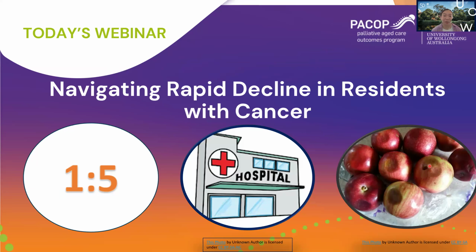The progression of cancer in older adults can resemble a bruised apple. With a bruised apple, externally it can appear intact, however internally it can be very compromised. So sometimes it can trick us, where deterioration may not be immediately visible, but can advance quite rapidly.